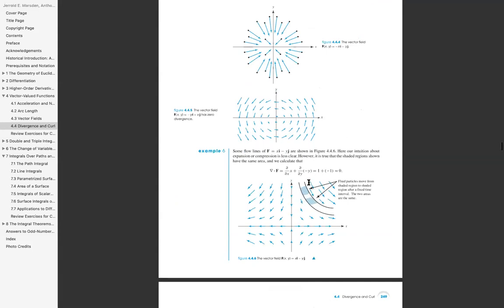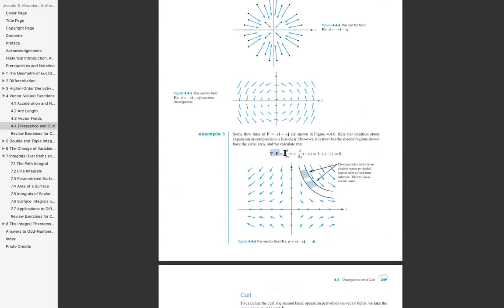Right. So if the divergence is 0 along this vector field, that means in this region, when the fluid moves for a certain time interval, it passes through this amount of area, right?